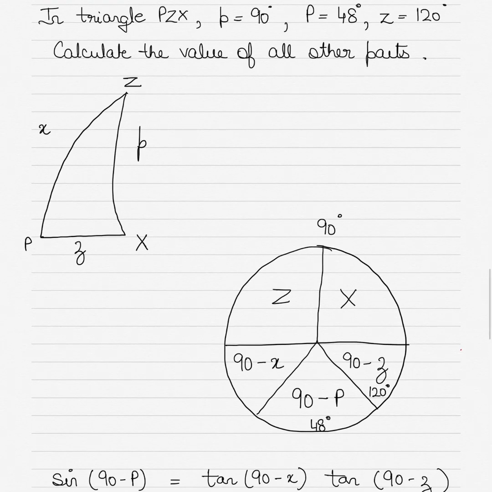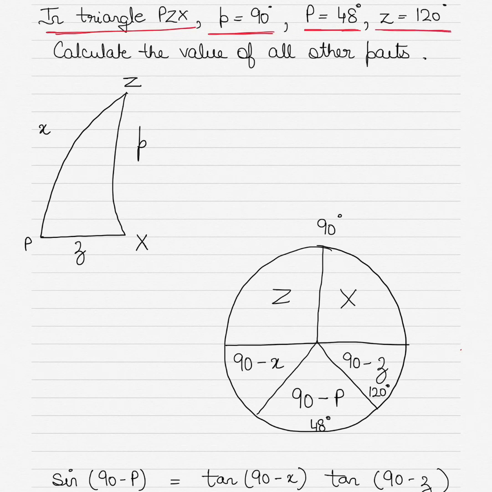So the question is that in triangle PZX, side p is equal to 90 degrees, angle P is equal to 48 degrees, and side z is equal to 120 degrees.